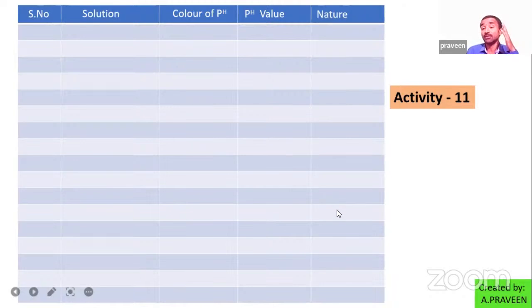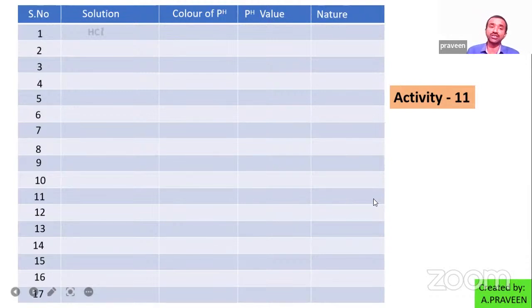So how do you decide? Based on the color of the pH paper. Here, serial number 1 to 17, the same substances as in your textbook. The first solution is HCl solution. Take a certain amount of HCl solution into a watch glass or test tube. Or simply take a few drops of HCl using the dropper and add onto the pH paper.